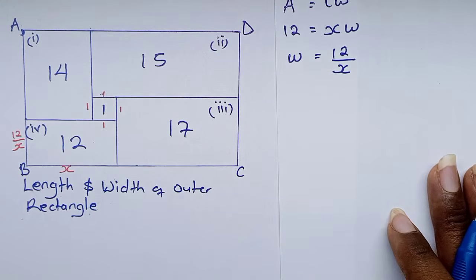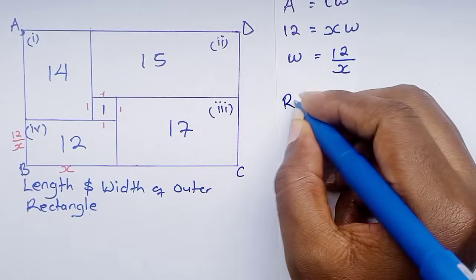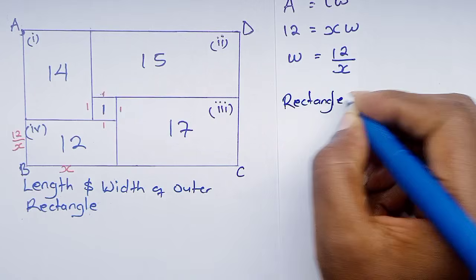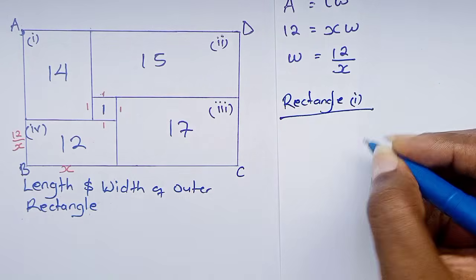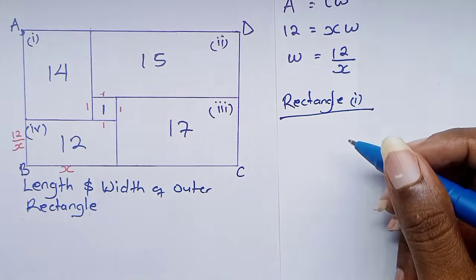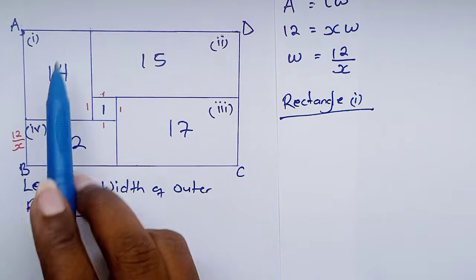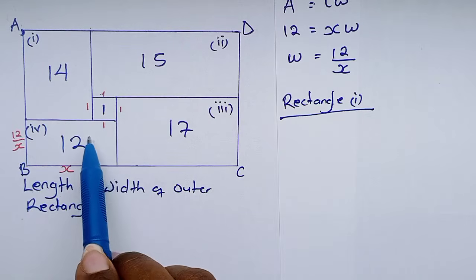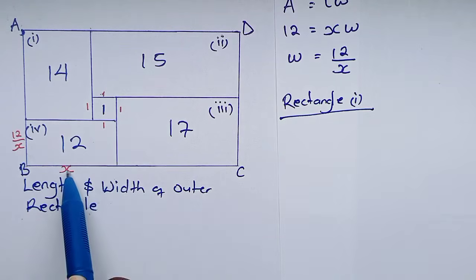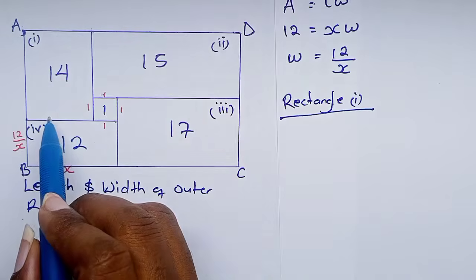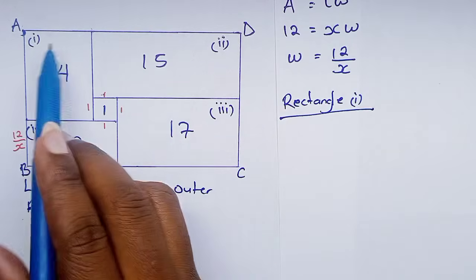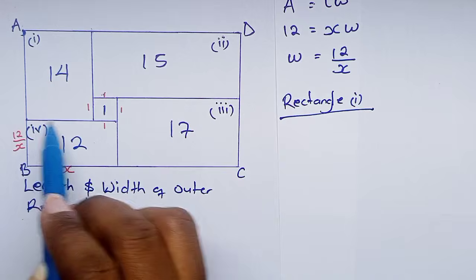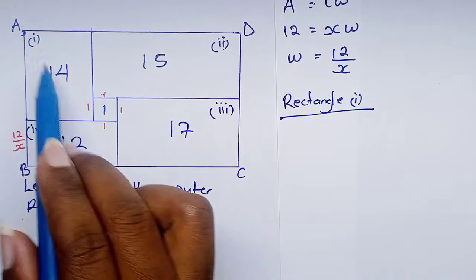Next, let's consider rectangle 1. We know that for rectangle 1, from this point to this point is x, and from here to here is 1, implying that this is the width of this rectangle. Okay, let's say the length. This is the length of this rectangle 1.